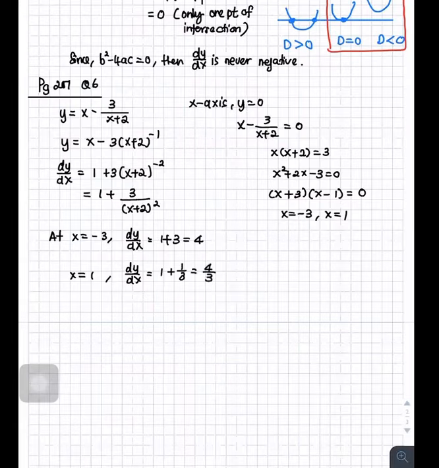So at x equals -3, the gradient is steeper compared to x equals 1.